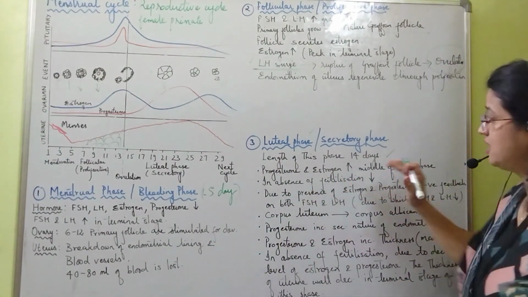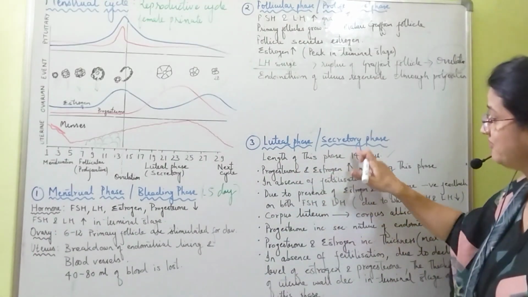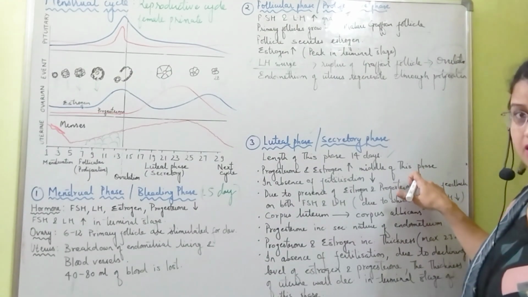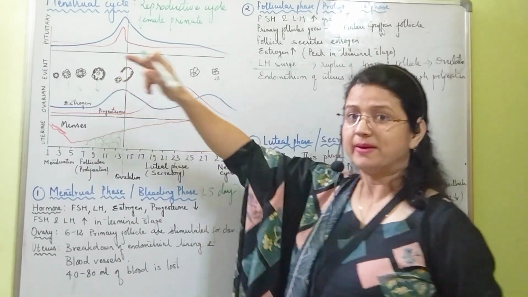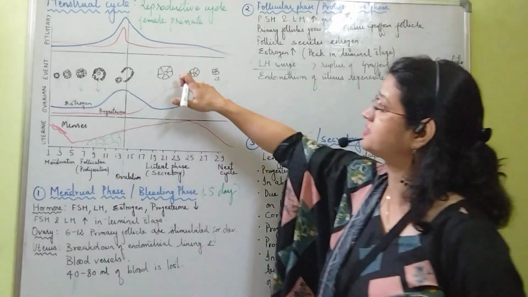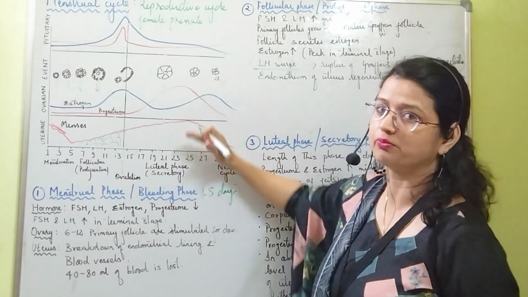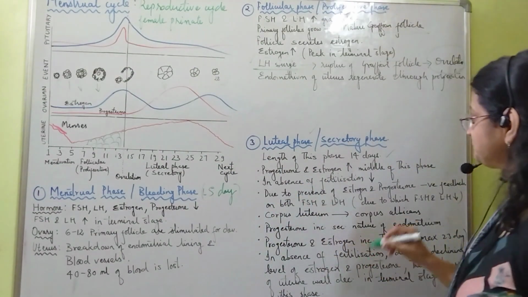So here we can see the progesterone and estrogen level is high in the middle of this phase because it is waiting for the secondary oocyte to get fertilized. But if fertilization does not take place, it starts degenerating, and the level of the hormones will decrease.